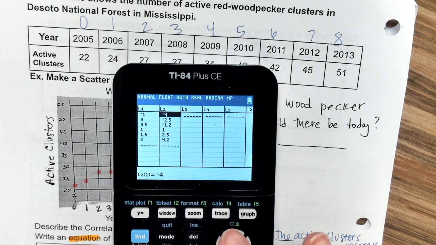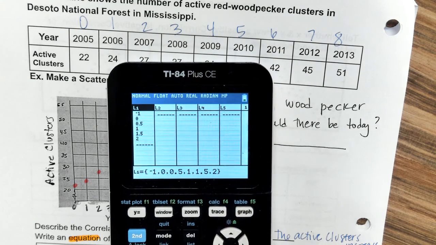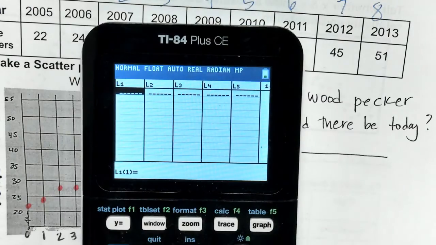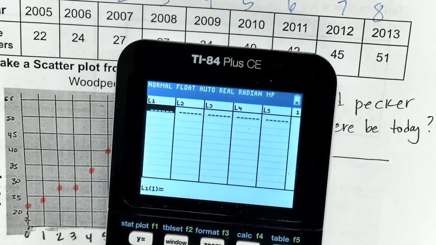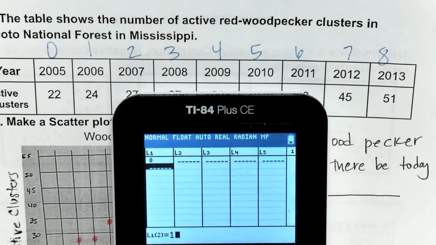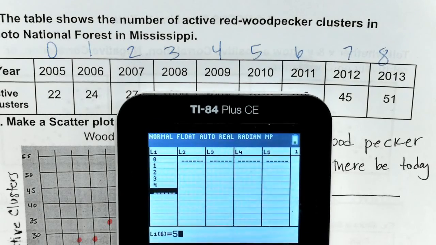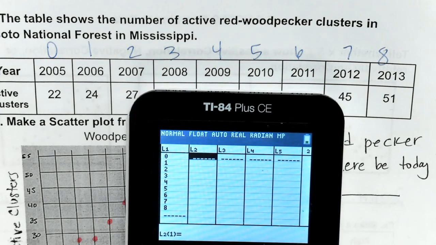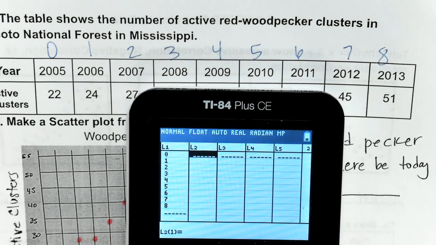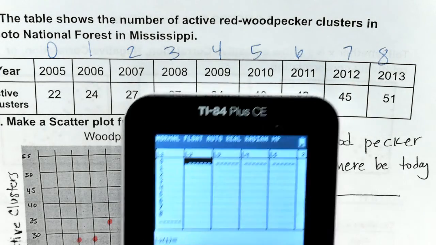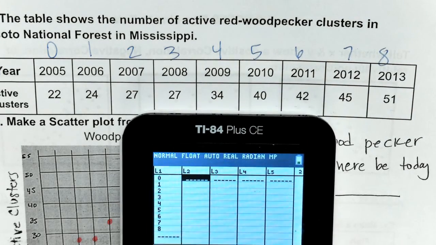Edit. We're going to clear out our list. And we're going to put in 0 through 8 for our L1s. Again, you have to put in every single number, and it's very tedious. For your L2s, you're going to put in your active clusters.